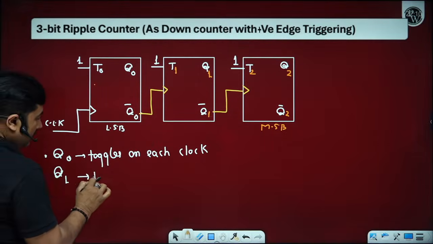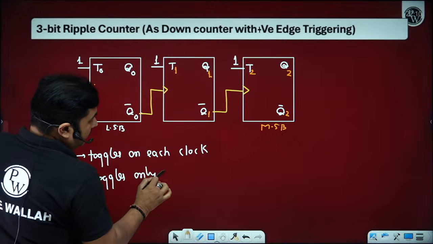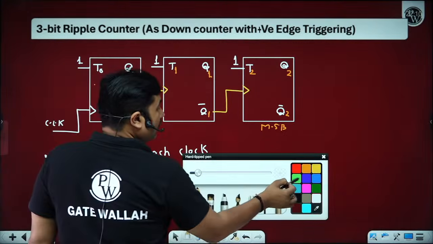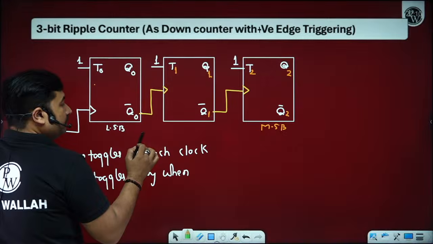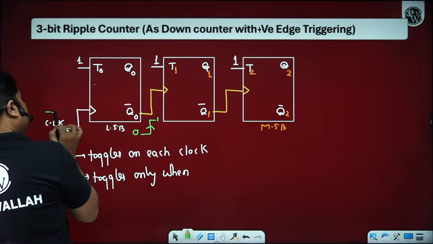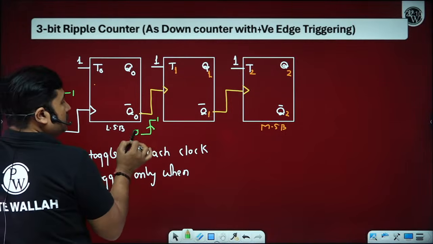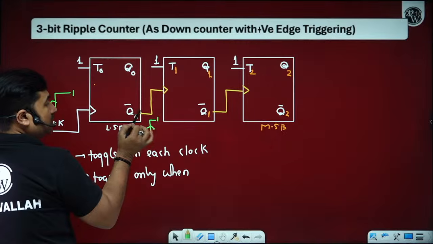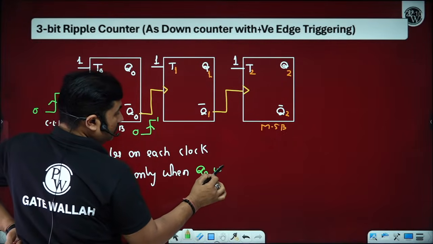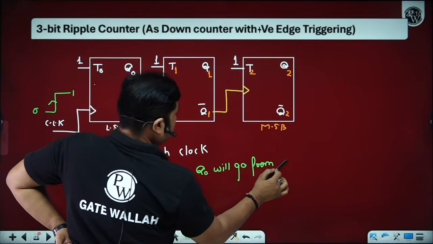Q1 toggles only when a positive clock appears onto flip-flop 1. Positive clock means the clock when the level transition of the clock is from low to high. So low to high, it means Q0 will go from 0 to 1. When Q0 will go from 0 to 1.